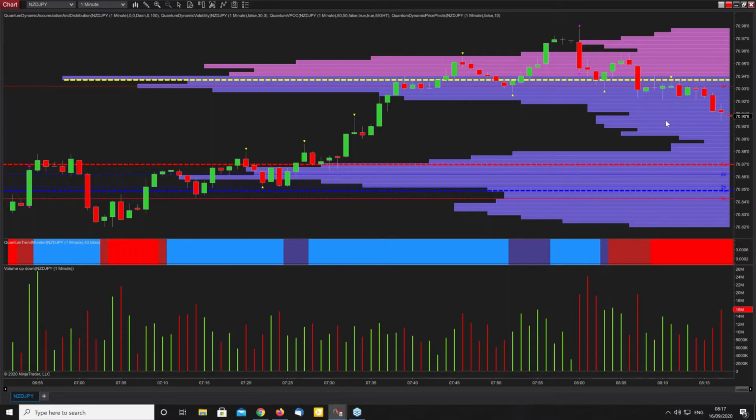That's a semantic point again, but it is very much part and parcel. When you get these low volume areas, they are unimportant to the market.